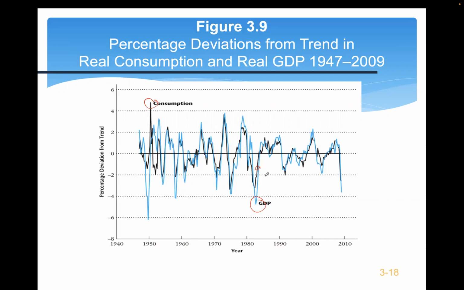Number two, these two just move simultaneously, meaning this is not a leading or lagging indicator. And number three, the fluctuation of consumption relative to GDP is smaller. This actually reflects consumption smoothing, as we can discuss in a future chapter, but it's pretty intuitive, right?